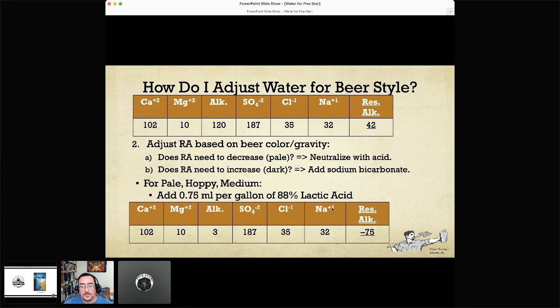So adding this amount of acid brings my alkalinity from 120 down to 3, and changes my residual alkalinity from 42 down to negative 75.